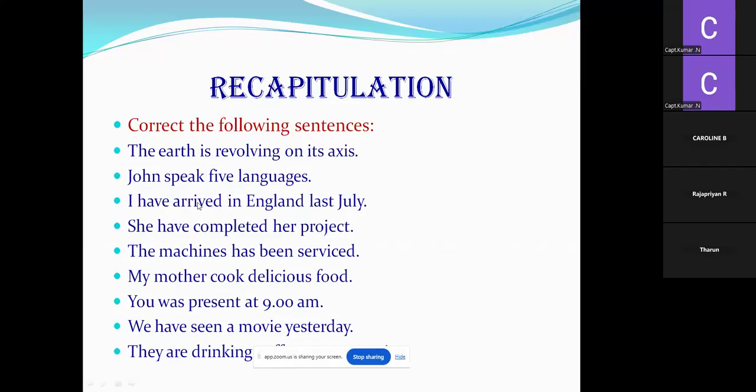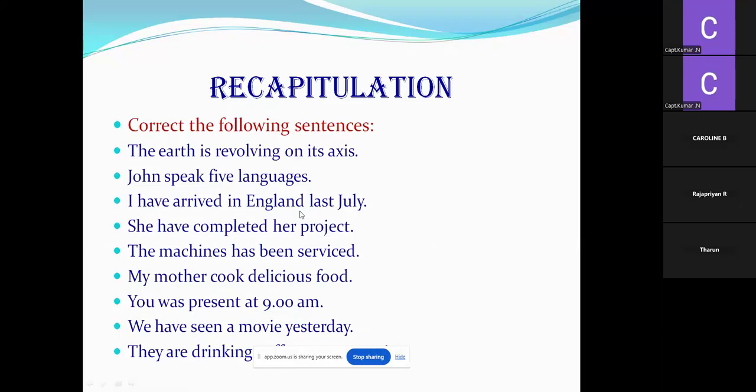Have arrived is present perfect tense. But here, the time last July is mentioned.